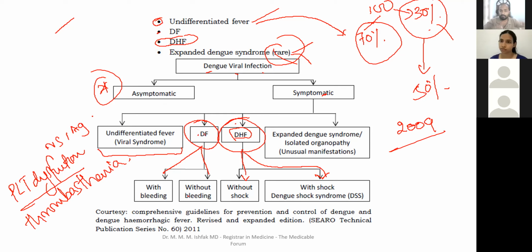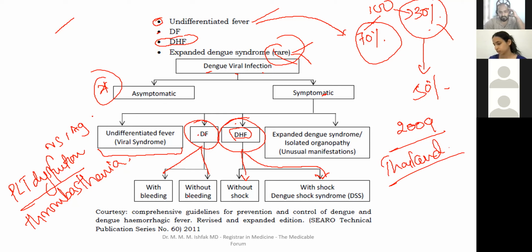We did not have the proper experience in how to deal with dengue. So what happened is, a set of consultants, physicians and pediatricians from Thailand had come to Sri Lanka to help us understand the pathogenesis of this disease, because they have been dealing with dengue a lot more than what we've been dealing with.